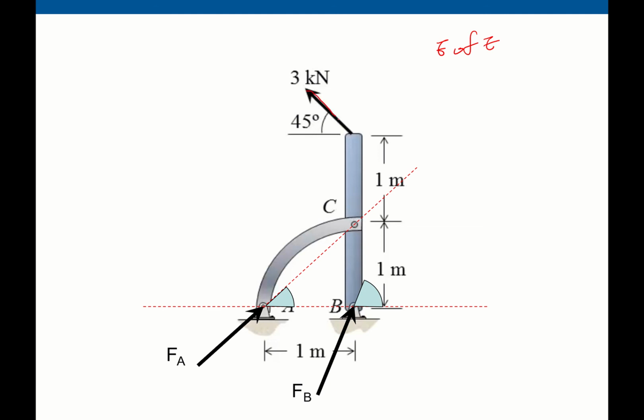So here we have one external force and another external force here, another force. Okay, so they are concurrent at point O. We call this a three force member.